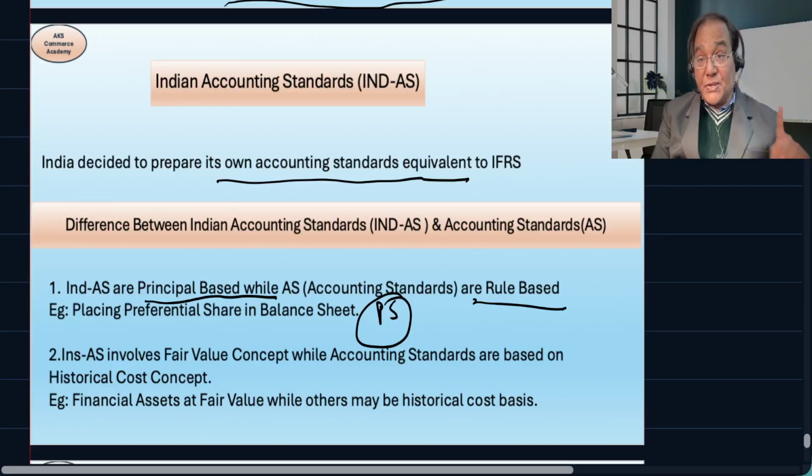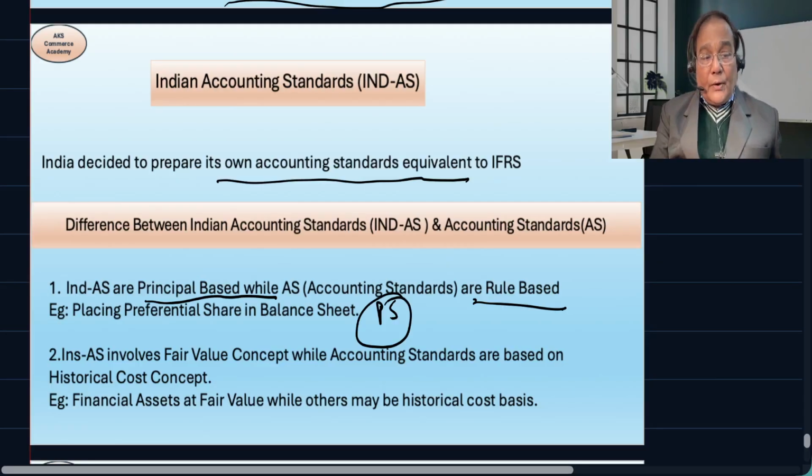So this is very important to understand. As per AS accounting standards, which are rule based, it has to be put up under share capital, but in Ind-AS, by following the logic of principle, its nature is not to fall into the head share capital, and it has to be put up as an outside liability.